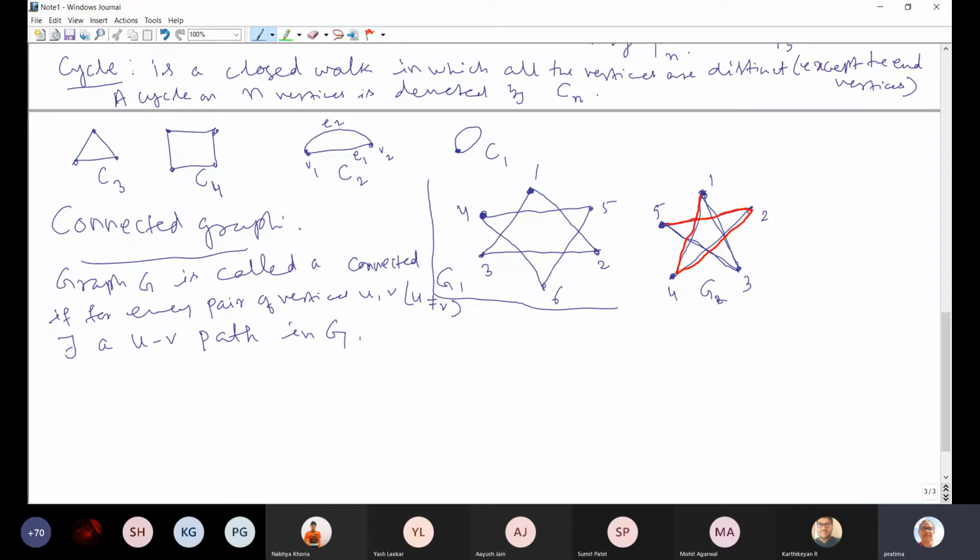Then we say this graph is connected. Otherwise, the graph is disconnected.